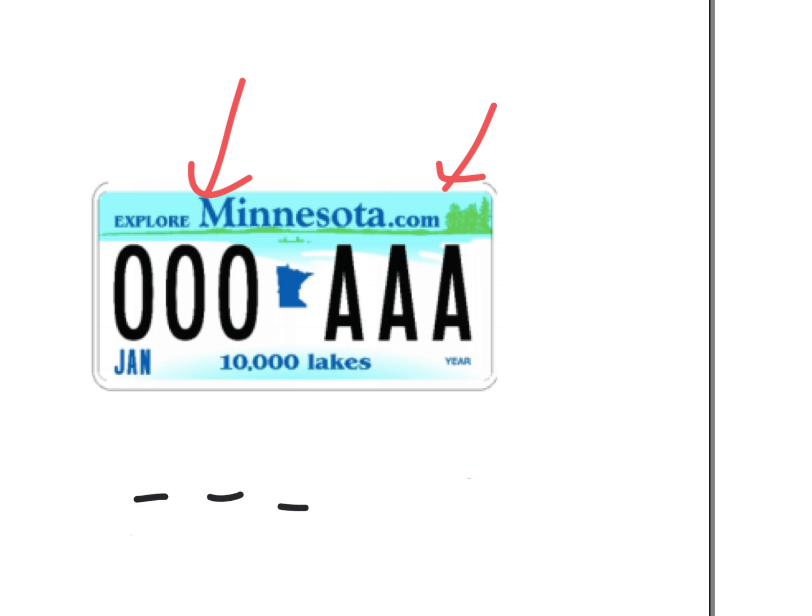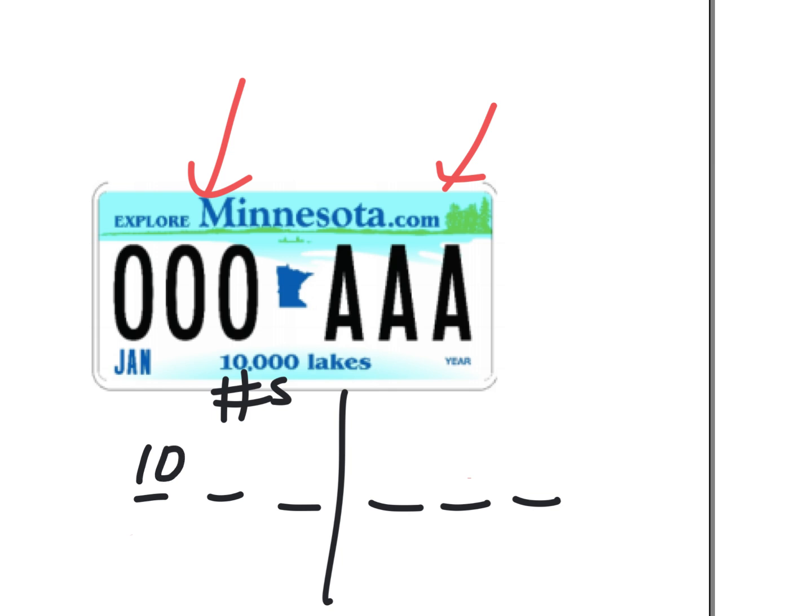This is about how many choices they had. These are numbers. And if you think about it super quick, you might be like, yeah, there's 9 digits you could pick. 1, 2, 3, 4, 5, 6, 7, 8, 9. But what about 0? So there's actually 10 numbers you could pick. So there's 10 choices for that first number, times 10 choices, times 10 choices.